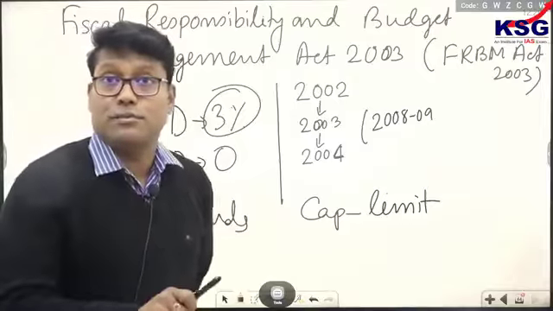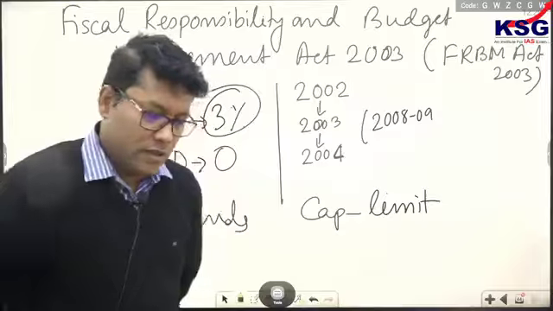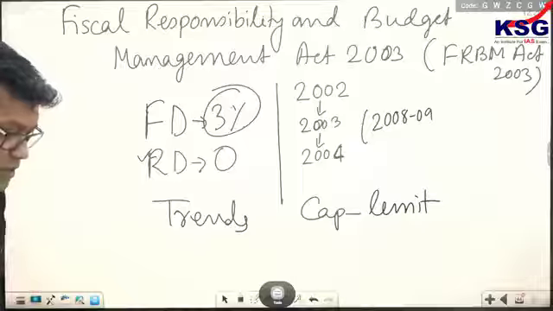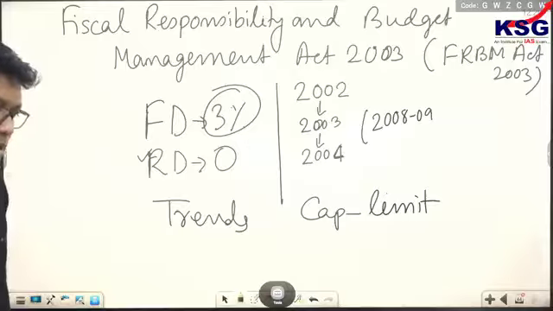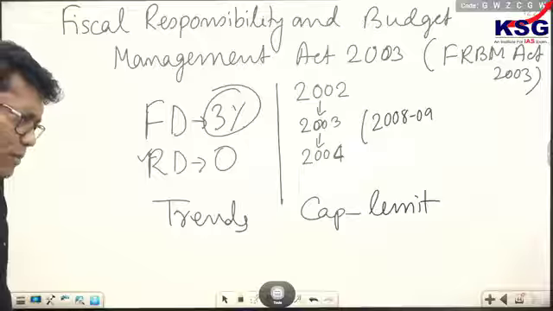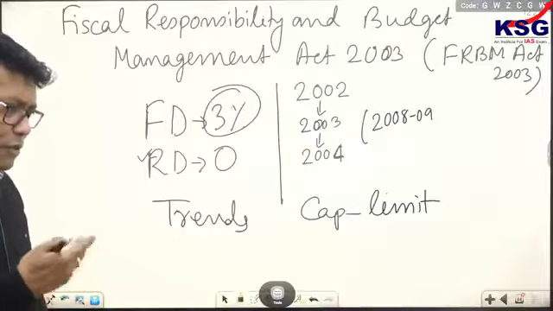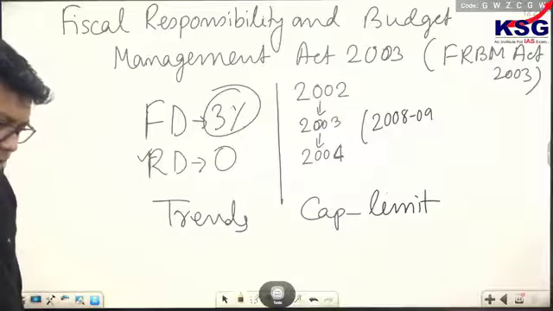This is for the long term; short term is still allowed. You can write: this act prohibited the government from borrowing money from the RBI for long term.